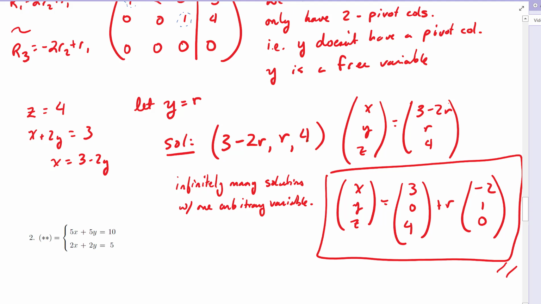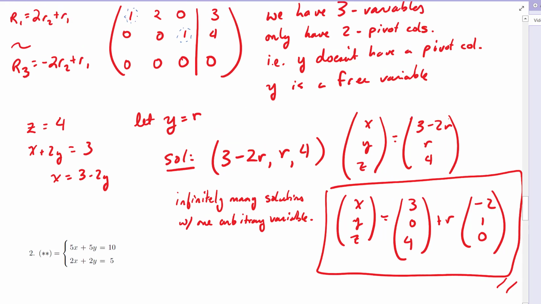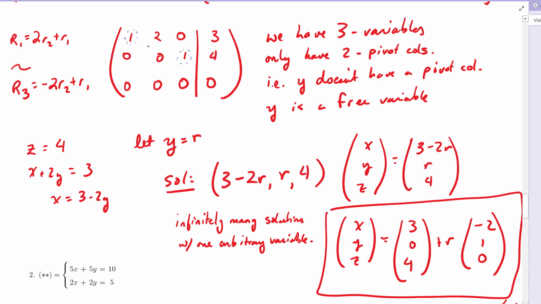Or let's say I pick r as minus 25. We plug in minus 25 for r, and we could come up with a solution to this system. Any one of those would work. But I had one choice of arbitrary variable. We only had one of these, and here's how we figure this out. We had 3 variables. We had 2 pivot columns, so the remaining column corresponds to a free variable. So we had one free or one arbitrary variable.